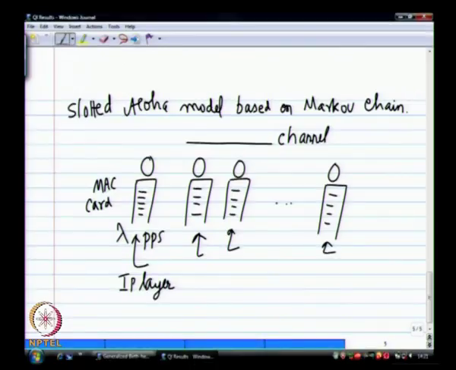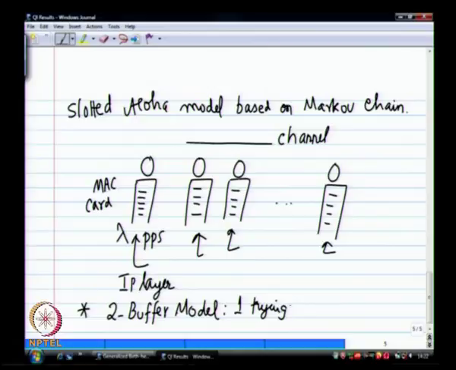So to actually model that, we had one restriction. This is the so-called 2 buffer model, which means there can be one packet trying to be sent, and one that is queued.